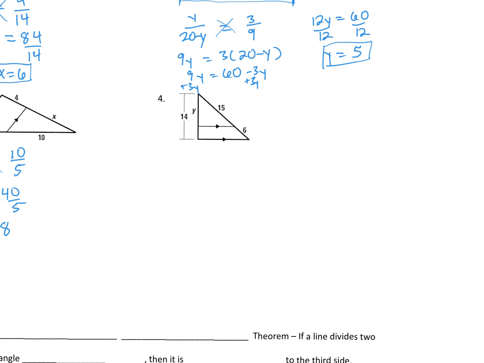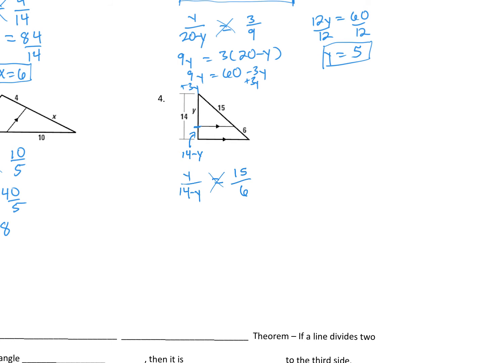Let's keep going. Remember, we got 14 here, so this makes this over here 14 minus y. We have y over 14 minus y equals 15 over 6.